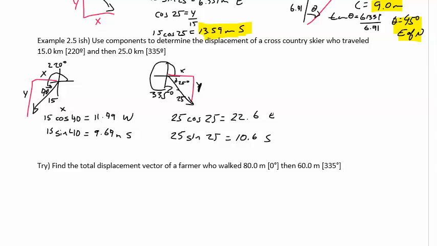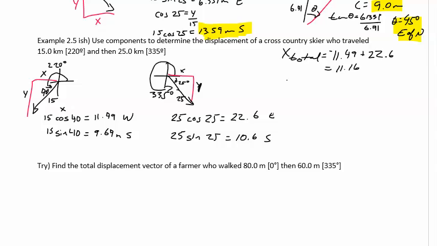So adding the east and west components together, the x components, the x total, that comes from an 11.49 west, so we'll put that negative, plus 22.6 east, so we'll call it positive. That total x is 11.16, keeping our calculator answer in an east direction.